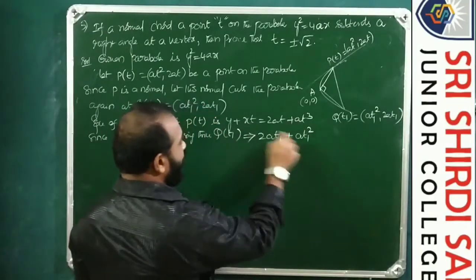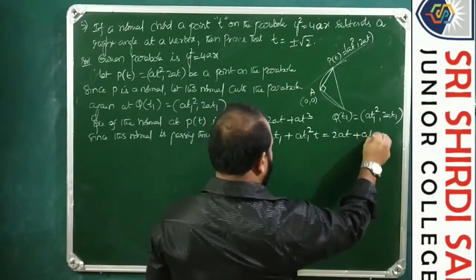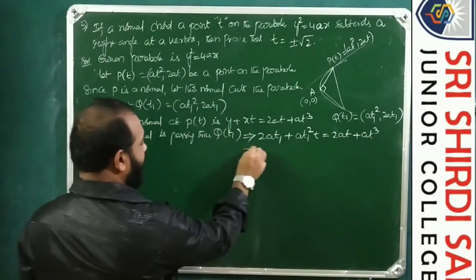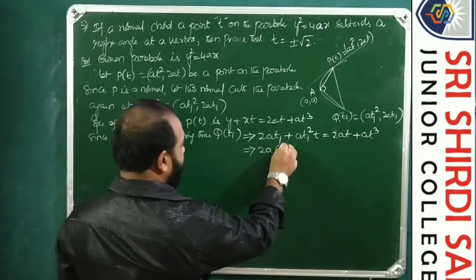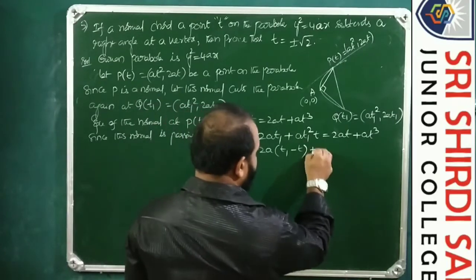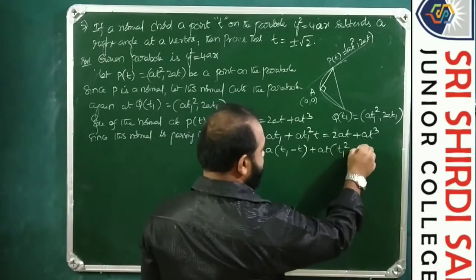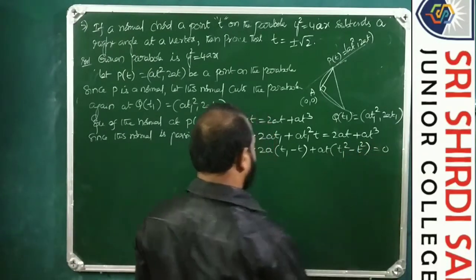So 2at1 plus at1 square into t is equal to 2at plus at cube. This is 2a (t1 minus t) plus at (t1 square minus t square) equals 0.